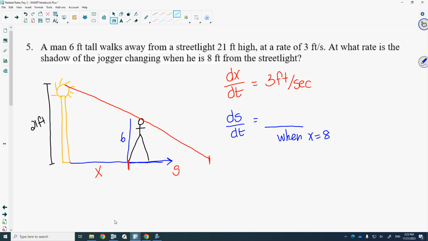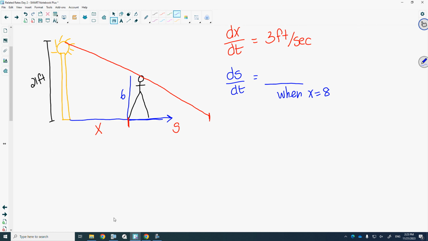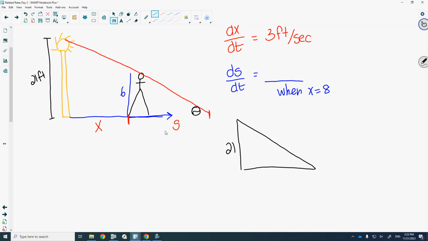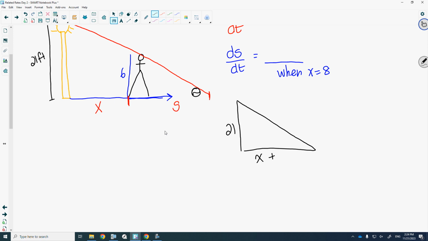There are two triangles that I need you to see from here, and your angle would be right here. The first triangle is the big one with the street light. It would be 21, and this distance down here, if this is x and this is s, would be x plus s.